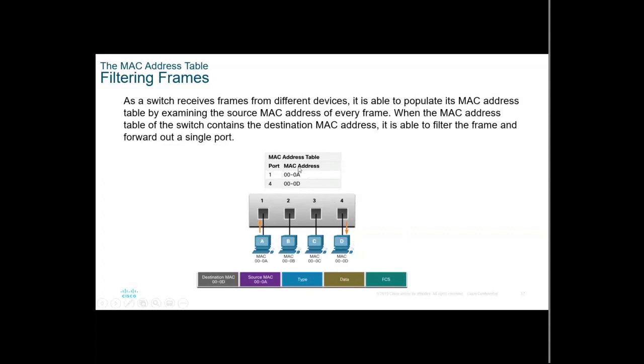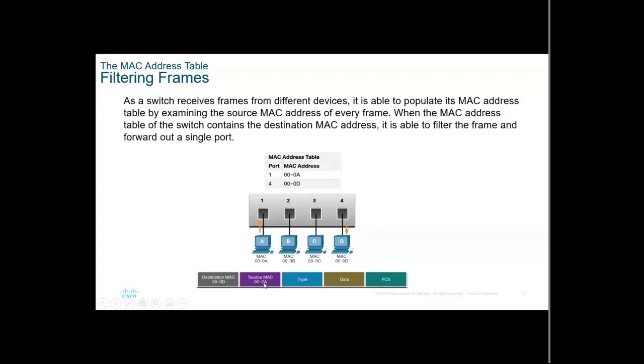So if we look at this, port 1 is sending information in, and it's learned that the MAC address is mapped to that. No problems. I think we will understand that, don't we? Yeah, all good. But it's going to a computer.